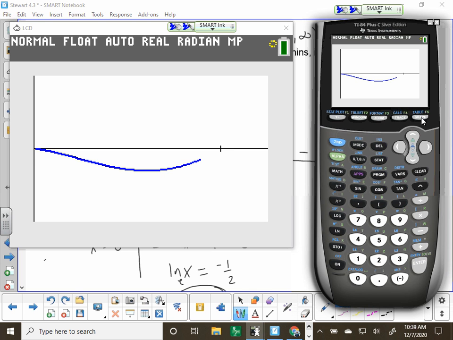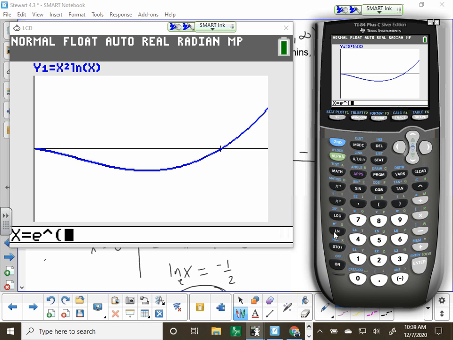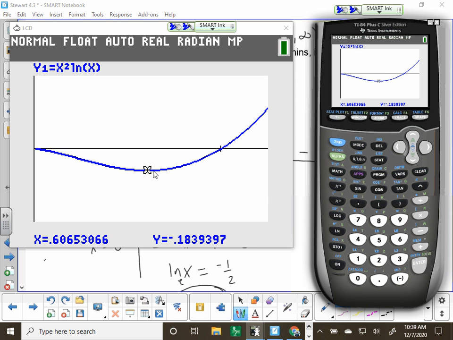So now these are the important points. Right there is the relative minimum, and I'm going to hit trace, and that was at second E to the negative 0.5 power, the negative 1/2 power. So that's where the relative minimum is.